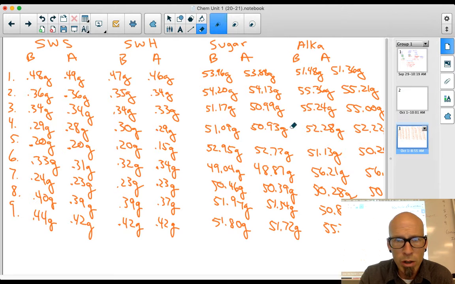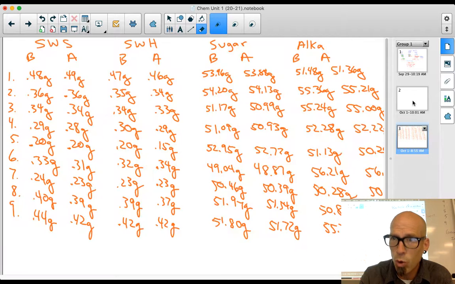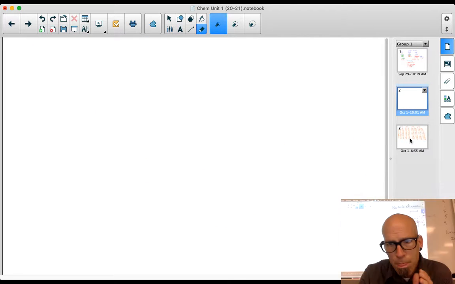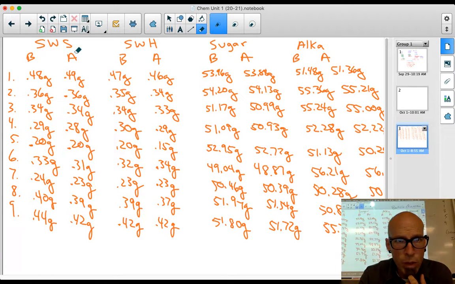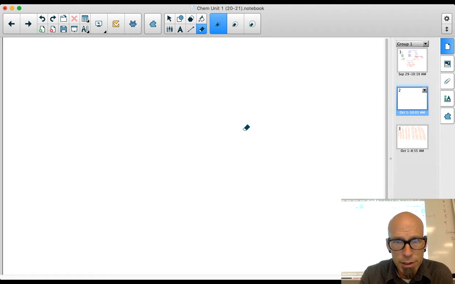I wrote down all of this stuff, and then in the middle of it I thought I could share a sheet and everybody could type in their own, and it would save a whole bunch of time. Notice what I had here: a steel wool stretch section, a steel wool heated, a sugar, and then an Alka-Seltzer section. And I had before and after for each of them. That's what's in the spreadsheet.